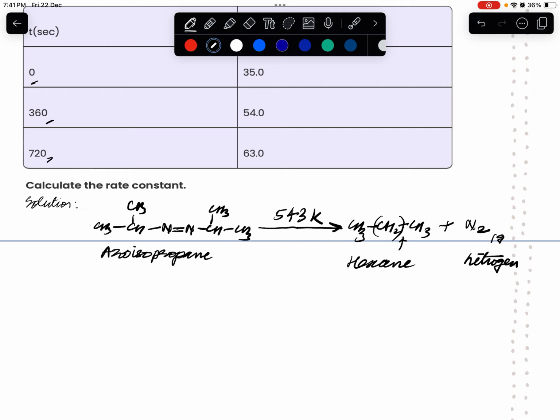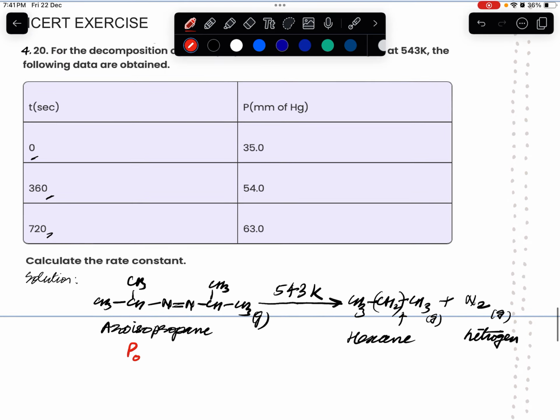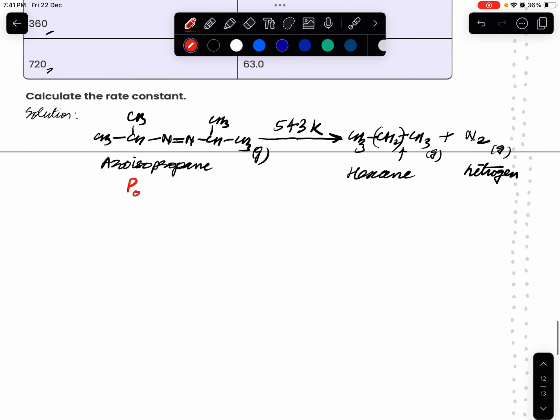Here all the components are in the gaseous form, both reactants as well as product. Now have a look here. Initially, when the reaction has not started, that is at time equal to 0, we have only azoisopropane. So suppose the initial pressure of azoisopropane is taken as P0, and at T equal to 0 in the table this value is 35 mm of Hg. Initially the amount of hexane and nitrogen will be 0.